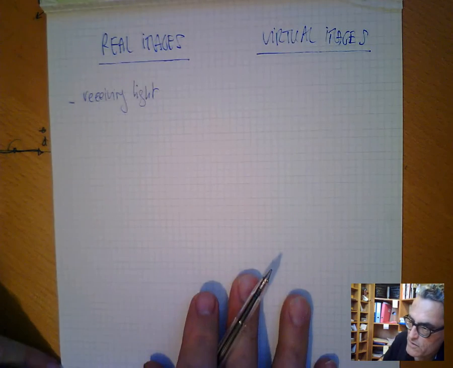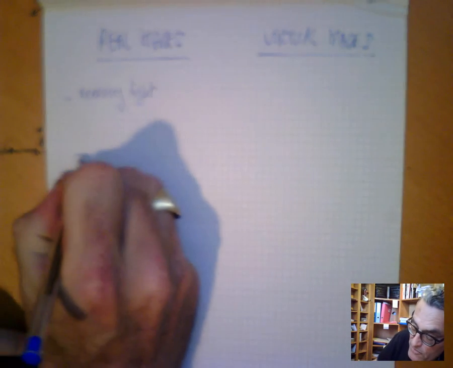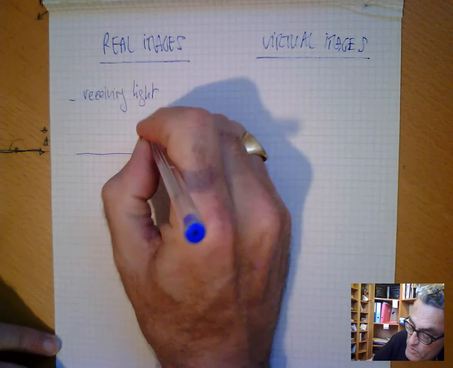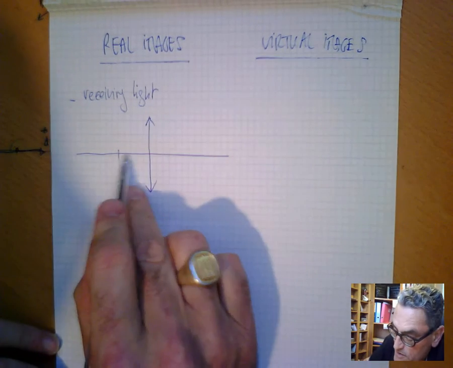Okay, this means that if you want an image to receive light, you need somewhere to have light rays which arrive to form the image. So typically the situation is this.